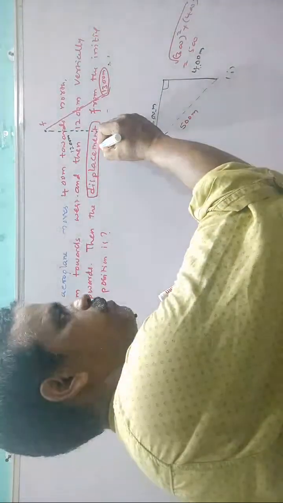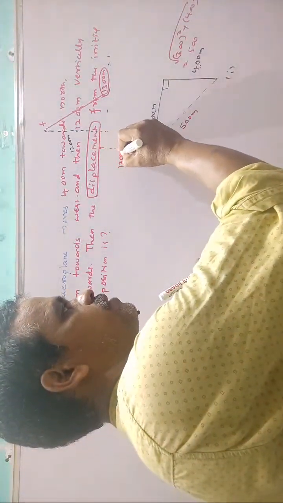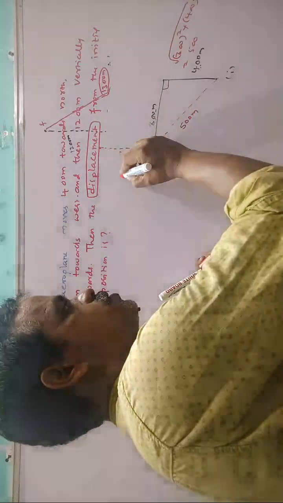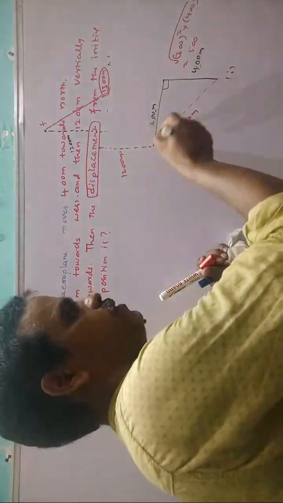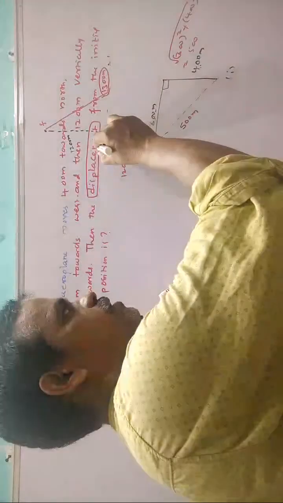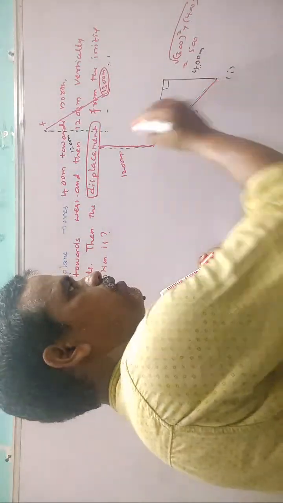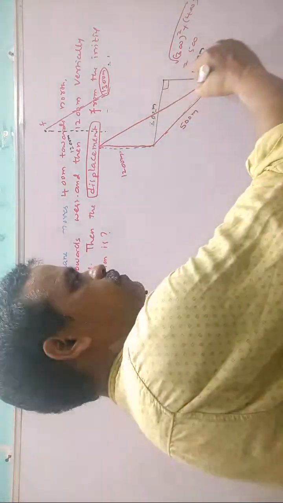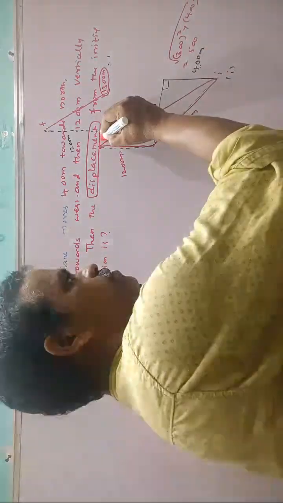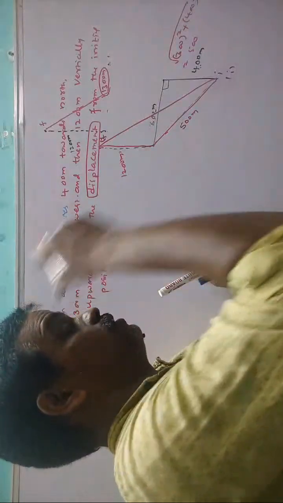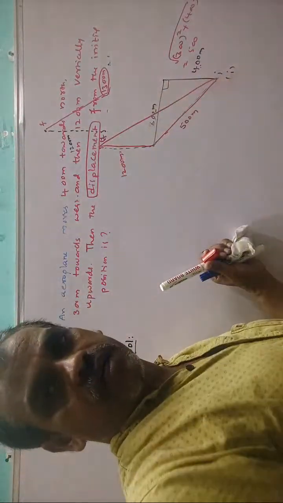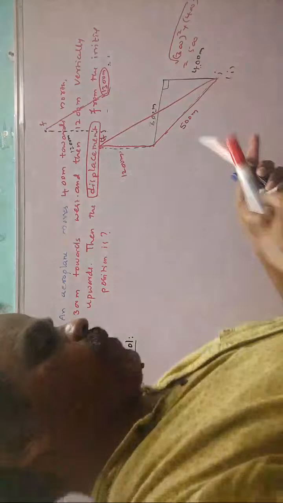It goes up to 1200 meter. So here to here is 1200 meter. We have 500 meter. This one we connected like this. This is the initial position. This will become the final position. This is also one right angle triangle. How is it?